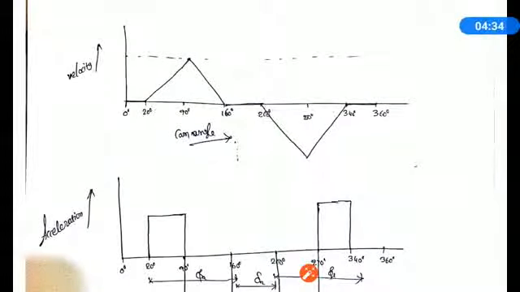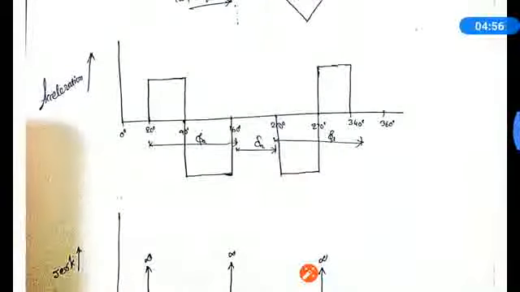From 90 degrees to 160 degrees the velocity is continuously decreasing because we are using constant deceleration. Again, from 200 degrees to 270 degrees it is constant acceleration only. The velocity is continuously increasing in the negative direction. From 270 degrees to 340 degrees the velocity is decreasing.